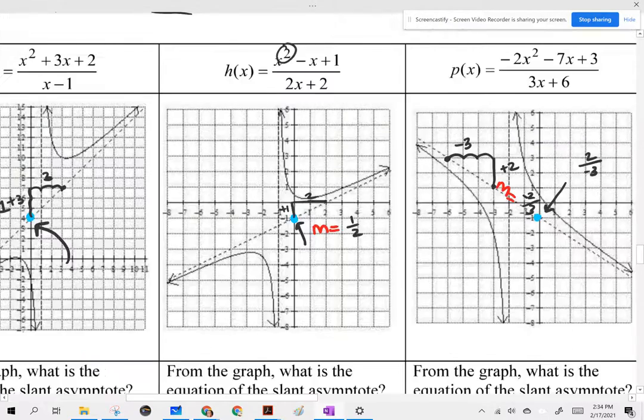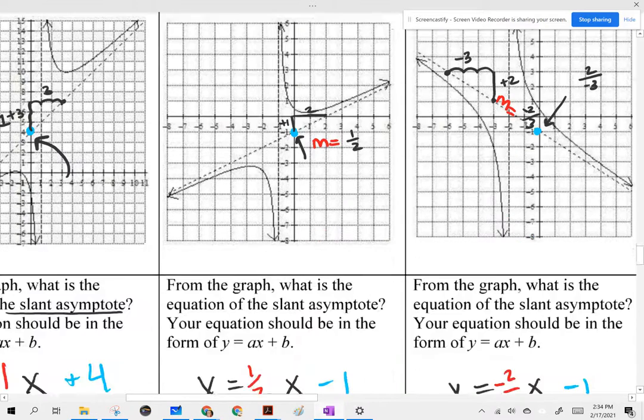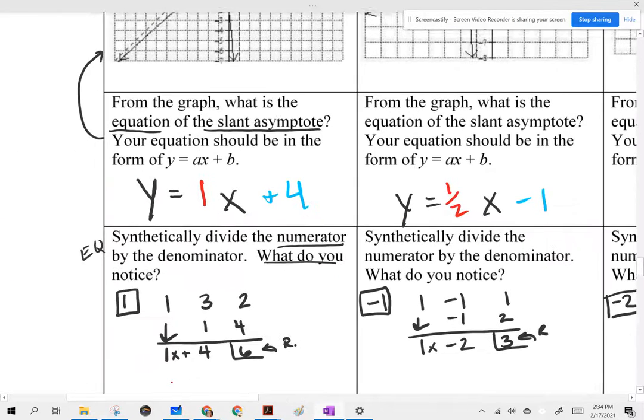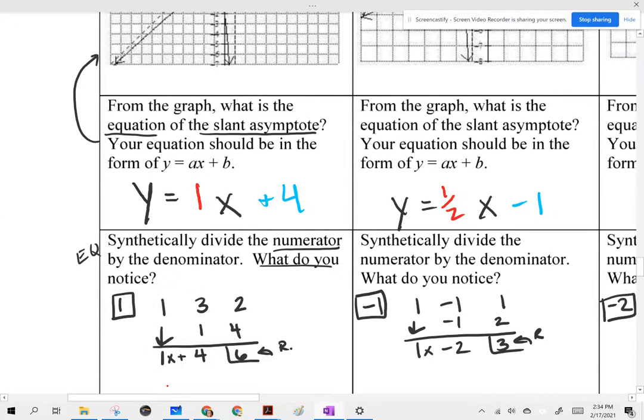The same thing with this equation, x squared divided by x. I'm going to start here. It's going to give me an x and then -3 in my remainder. Now, I don't know about you, but I noticed that my quotient is 1x plus 4, which is the same as that slant asymptote.